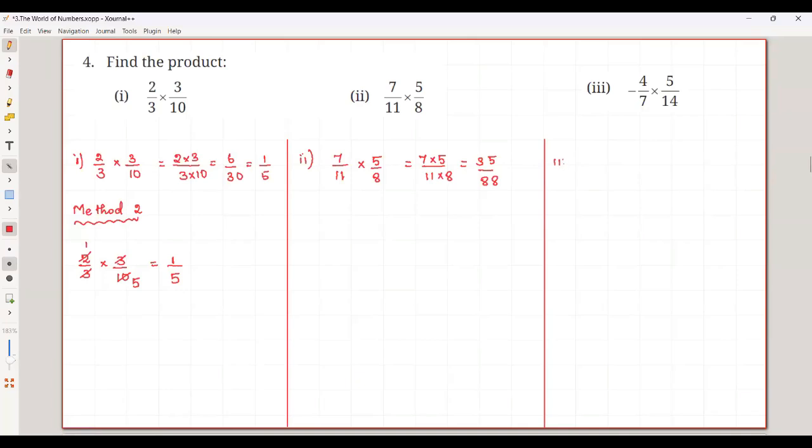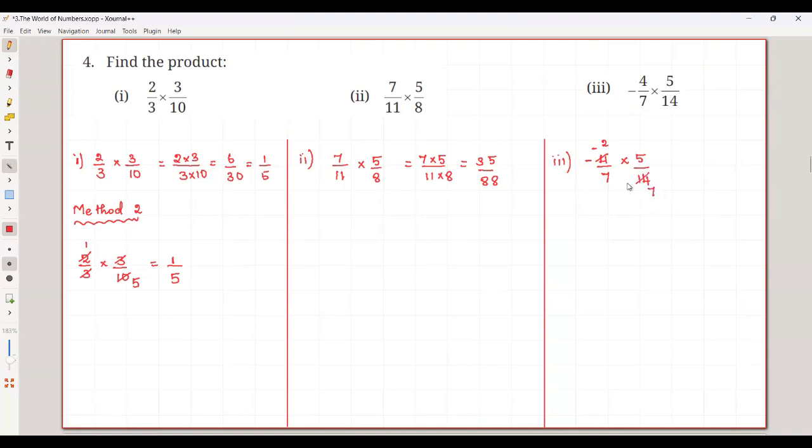Third question, minus 4 by 7 into 5 by 14. Always first simplify, then multiply. Here 4 and 14 get cancelled with the 2 table. Minus 2 2s are 4, 7 2s are 14.